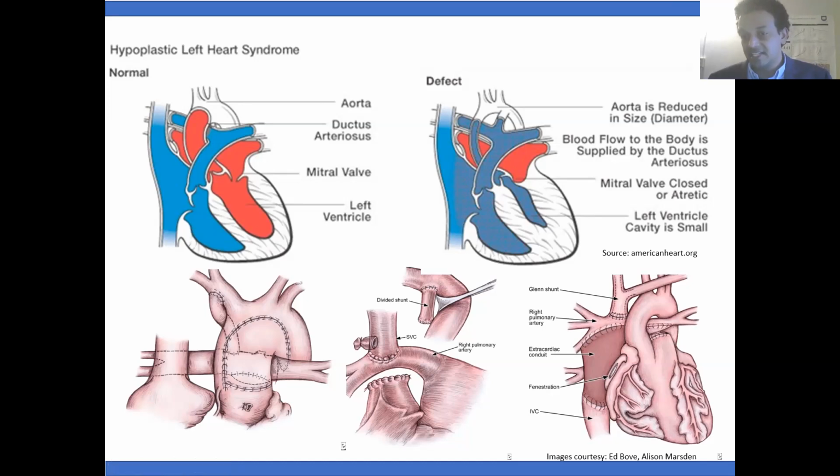And finally, the kids have to live with this conduit called Fontan. Essentially, the doctors are trying to rewire the whole circulation so that the patient can live on one functioning ventricle. And the venous return is passive into the pulmonary circulation in the surgery.